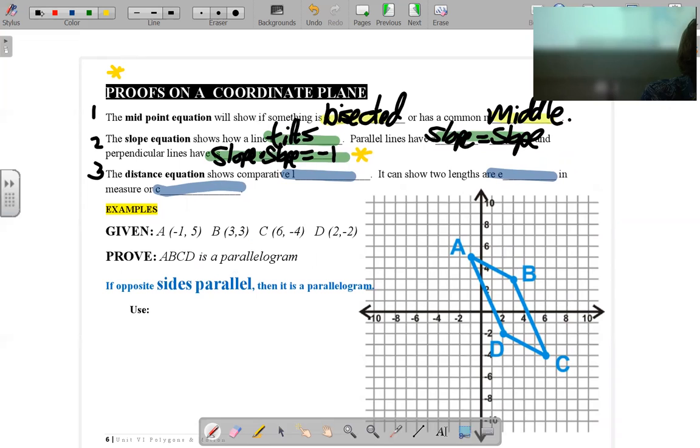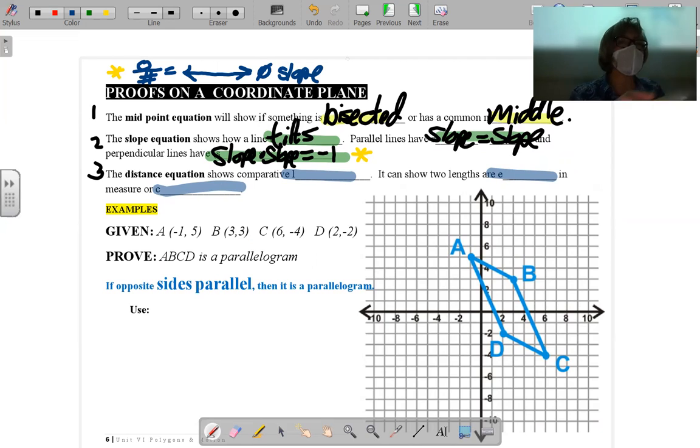Watch very carefully. 0 over any number, that's rise over run. That means I have no rise, which means it's a horizontal line, and you have 0 slope. 0 over any number is just 0, always.